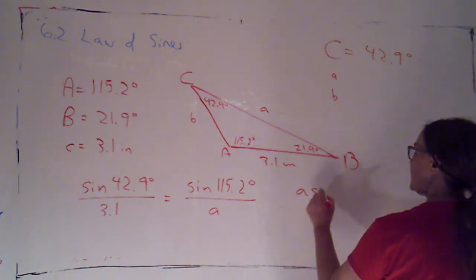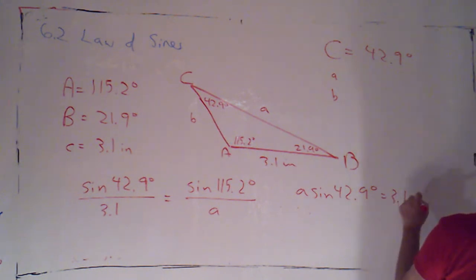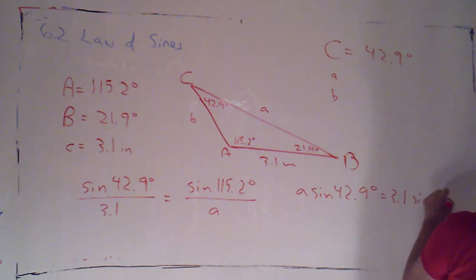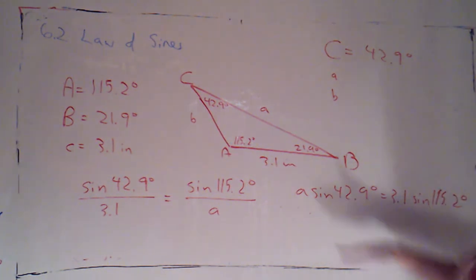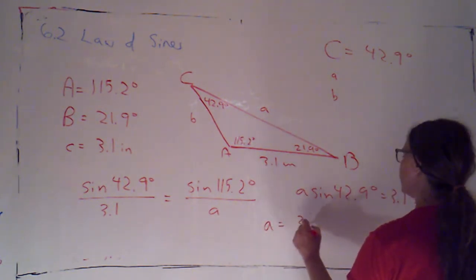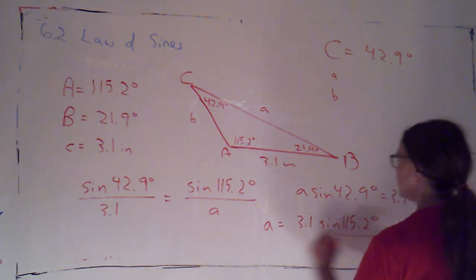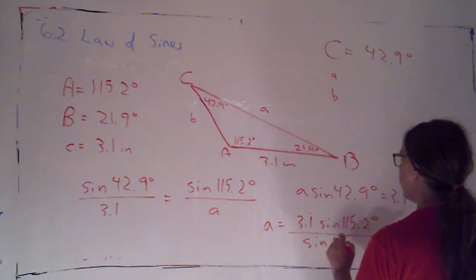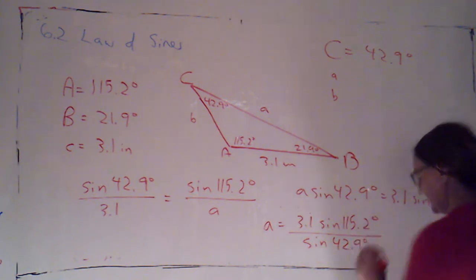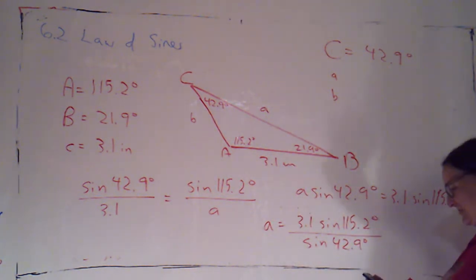So A times sine of 42.9 degrees equals 3.1 times sine of 115.2 degrees. And then we just divide by sine of 42.9. So A is 3.1 times sine of 115.2 degrees divided by sine of 42.9 degrees. Make sure your calculator is in degree mode.